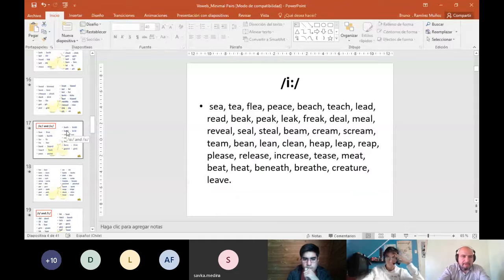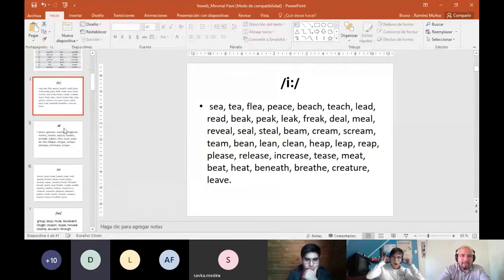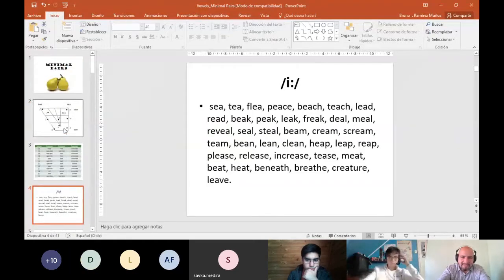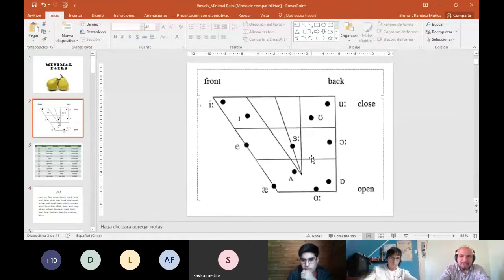Yes, we're going to focus on /ɜr/ and /ɑ/, just like that. You were yawning, right? Exactly. So you know what the problem is with these two vowel sounds?